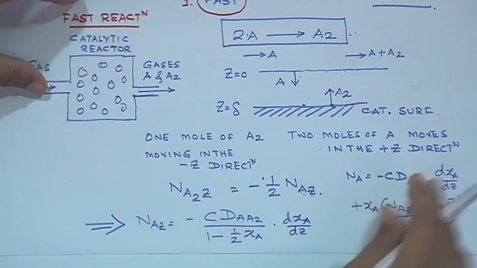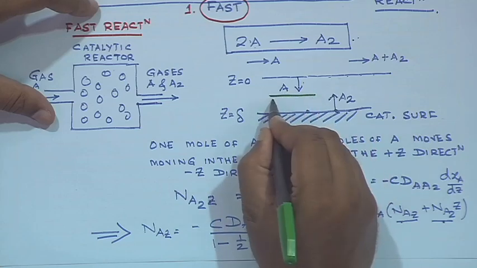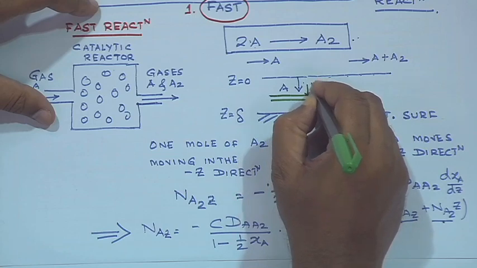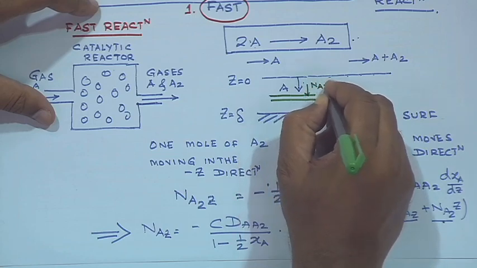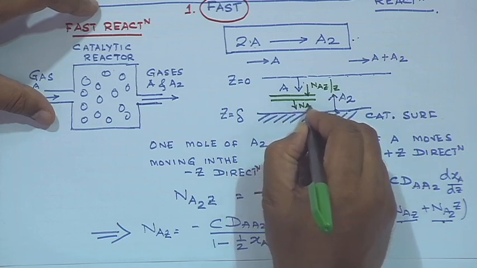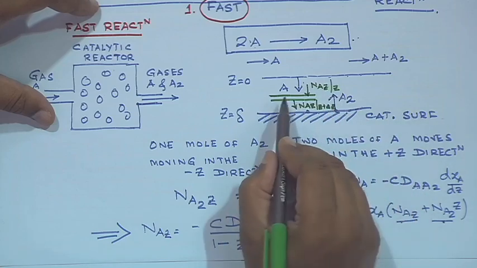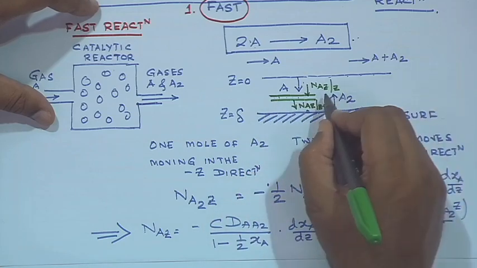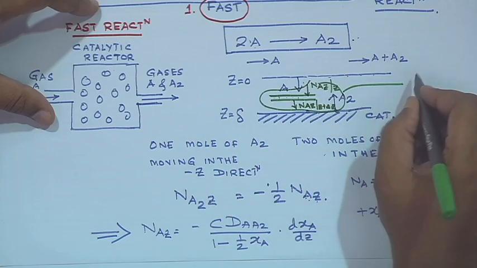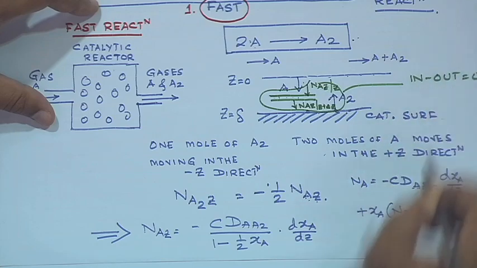So, this is my flux relation. As before, I can think of a thin shell over here, and N_A is coming in as N_AZ at Z, and the one that goes out would be N_AZ evaluated at Z plus delta Z. Since no reaction is taking place in here, the equation, in minus out at steady state, would be equal to 0.